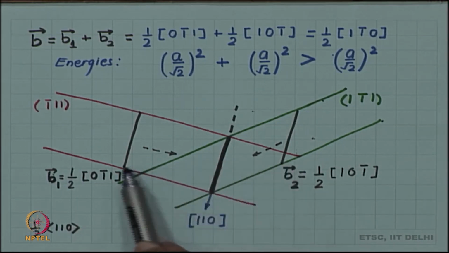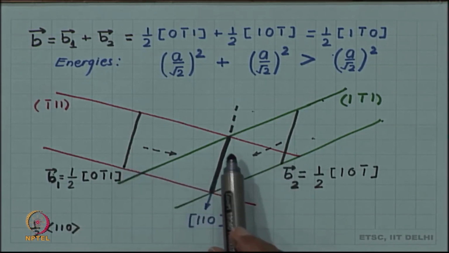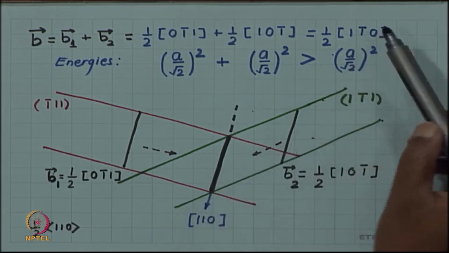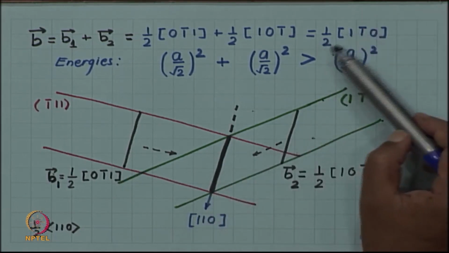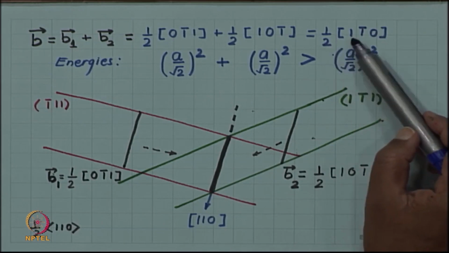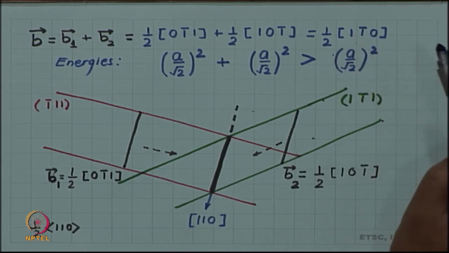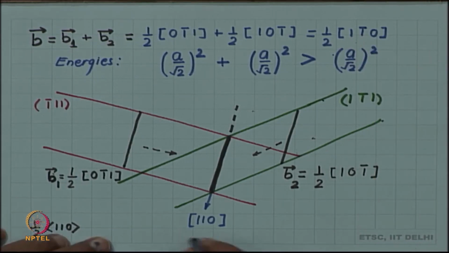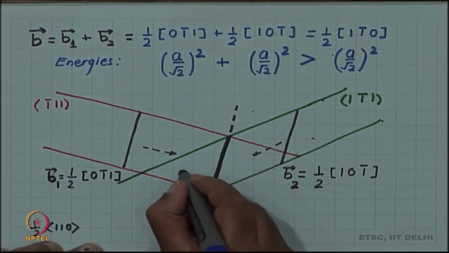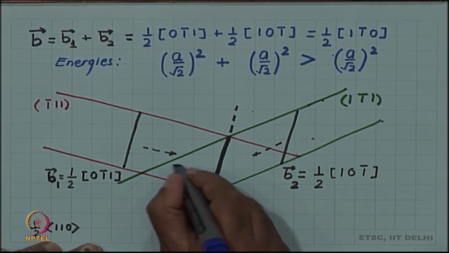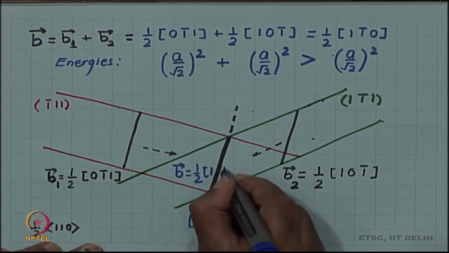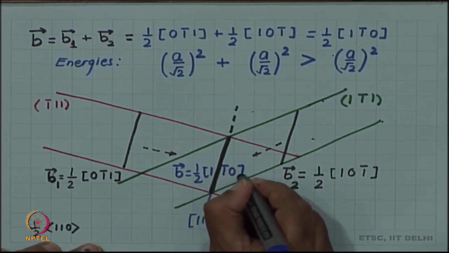These two dislocations are actually attracted to each other and they will like to combine, and they have combined and formed a new dislocation line of Burgers vector half 1 bar 1 0.